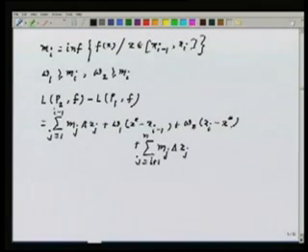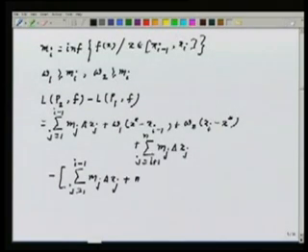Okay, this is LP2F. Now comes minus LP1F, that is the summation j from 1 to i minus 1 of mj delta xj, plus mi delta xi, plus the summation j from i plus 1 to n of mj delta xj.